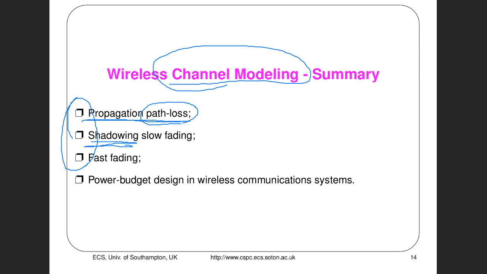So that kind of blockage would cause a sudden decrease in signal power. So this channel model is called shadowing. This is also called shadowing effect, which is a sudden blockage on signal power.